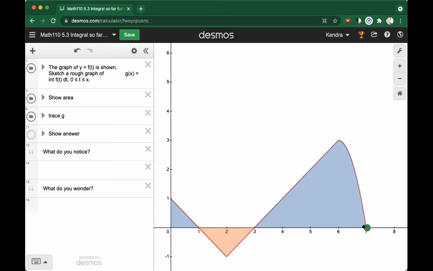There it is. That is the full trace of the integral so far function. And you can see along the way that the original red function actually does trace out the derivative, or what looks like approximately the derivative, of that blue function.